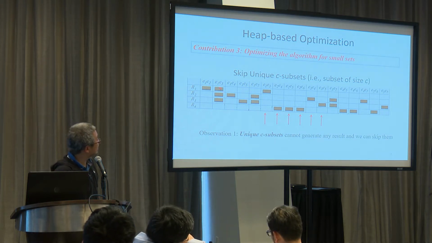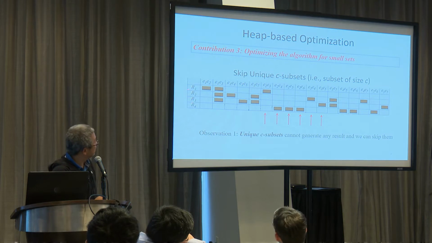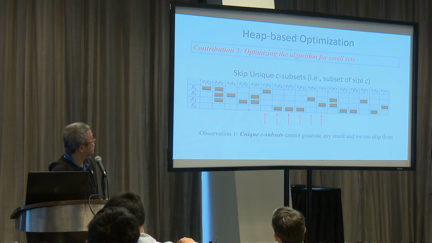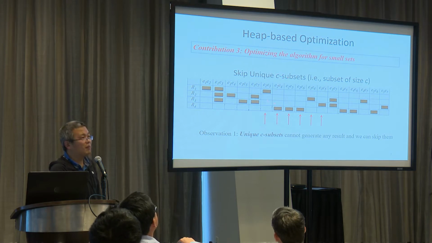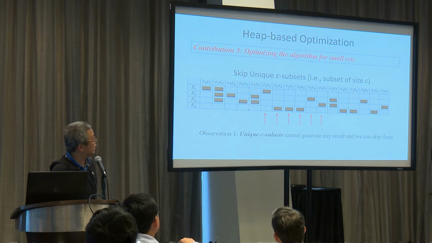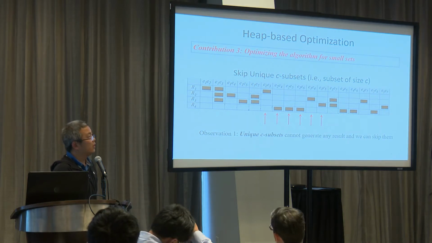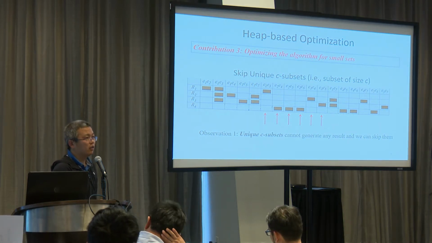The first one is, for example, each column is a C-subset, and each row is a set. This is the inverted list, and if the inverted list has only one element, then we do not need to enumerate such a C-subset because it can't produce any answer.